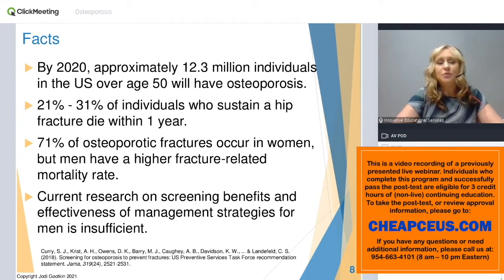Interestingly, osteoporotic fractures, we know, are common in women. However, men do present with osteoporosis, and unfortunately, it is more fatal for them.